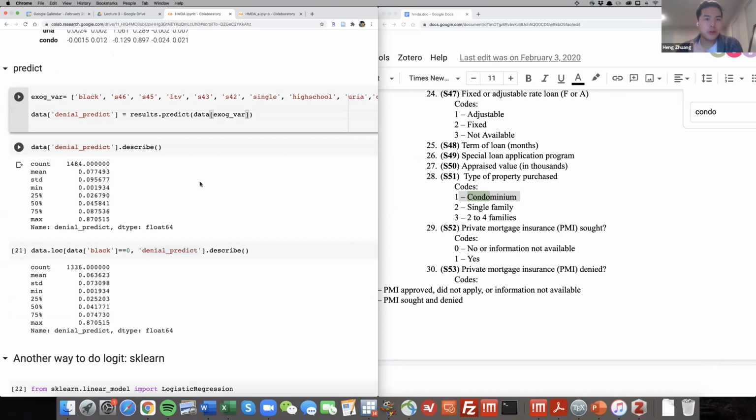I also have one more question here. After the predicting, why is the result we got a decimal? It's not 0 and 1, and 0 and 1 is what we want, right?